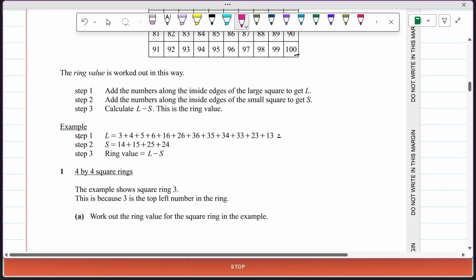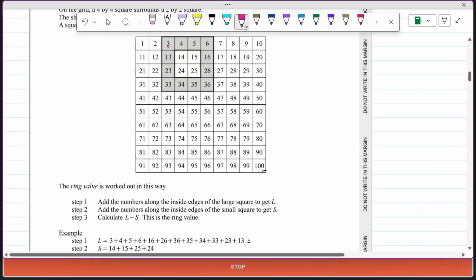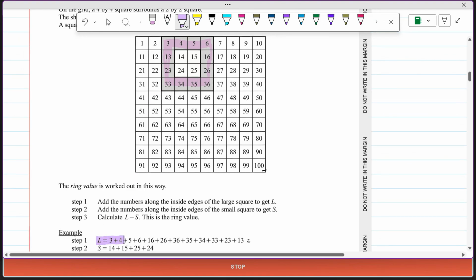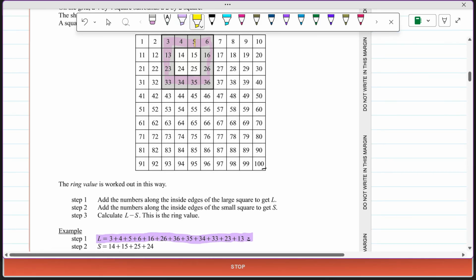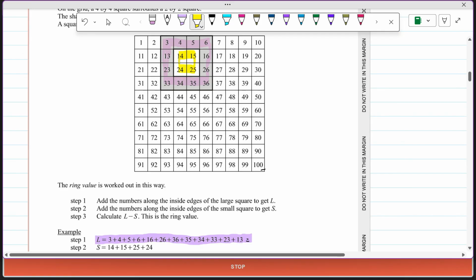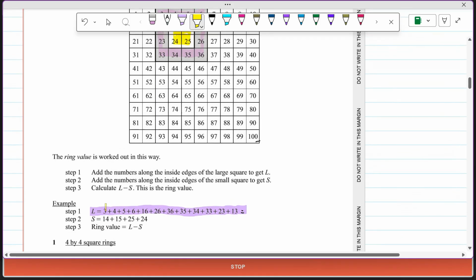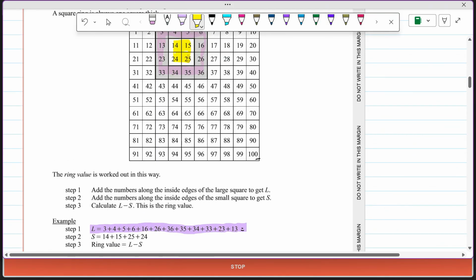Now example 1, step 1. L is for the given shaded square, this is the large square, and when we add these numbers we will get L. Similarly, when we add the numbers in the small square, we will get S, that is 14, then 15, then 24, then 25.